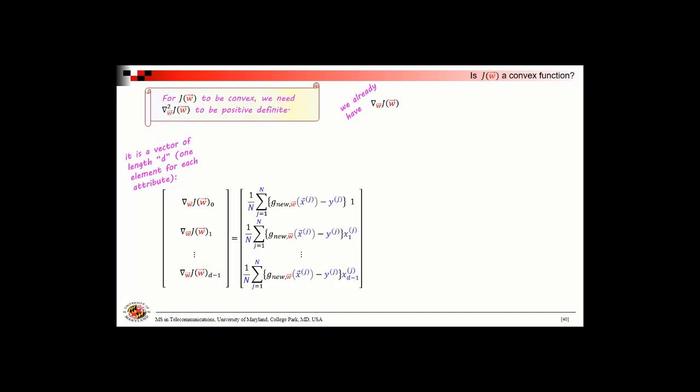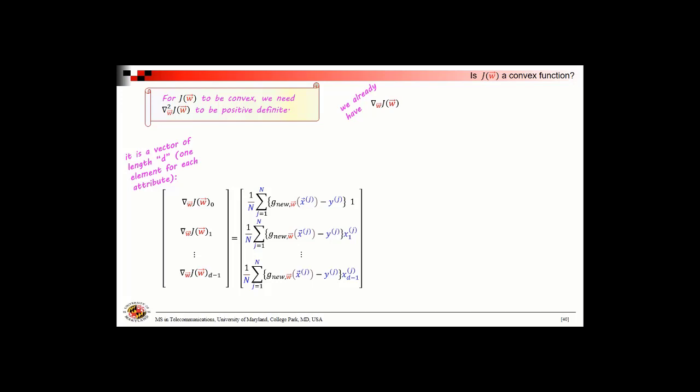And we know that the gradient vector has each row equal to this expression that we found, 1 over n, the summation from j equal 1 to n of the g evaluated at x minus its label y of j multiplied by each one of the feature components.